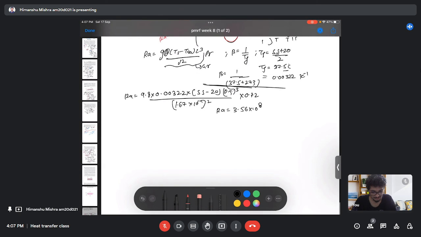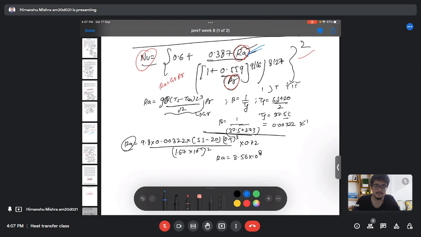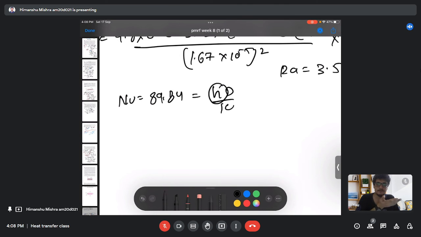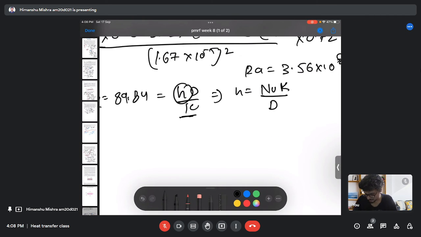Now you can use this value of the Rayleigh number to find the Nusselt number, which is 89.84, and then you can find the heat transfer coefficient. The heat transfer coefficient will be the Nusselt number multiplied by the thermal conductivity of the fluid divided by the diameter of the cans.